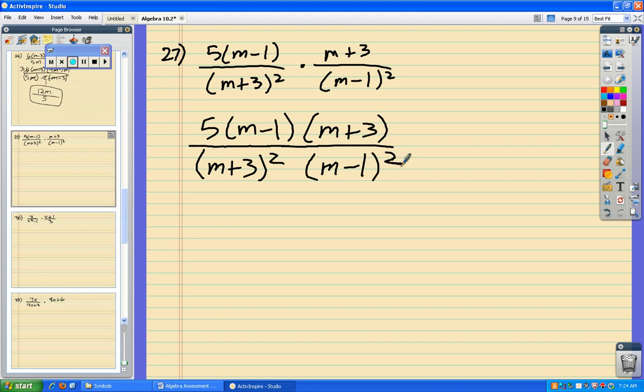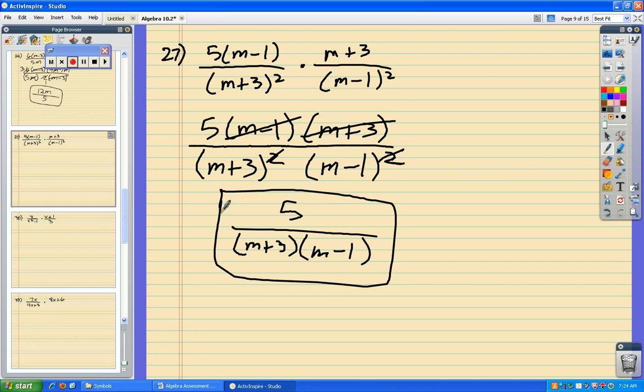Okay, the m minus 1s, there are 2 of them here on the bottom, so I can cancel out one of them. There's 2 of the m plus 3s on the bottom, I can cancel one of them as well. And there's nothing left. You have a 5 on the top, m plus 3 on the bottom, and m minus 1 on the bottom.